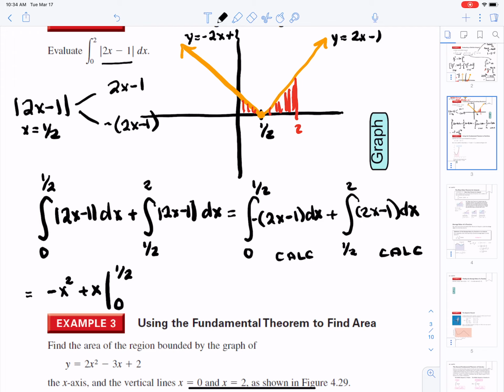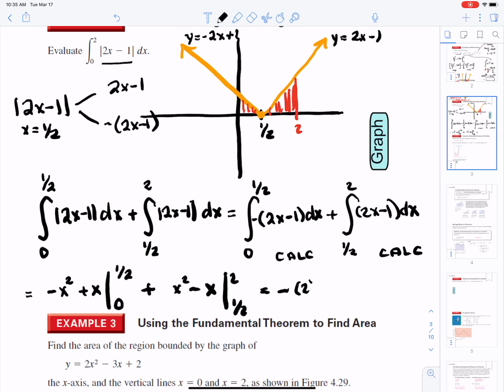Plus, I do the integral of the second part, x squared minus x, evaluating that from 1/2 to 2. And then we just sub the values in. I'm going to sub the values in and let you work out the final answer.